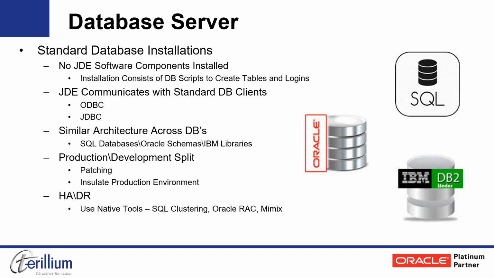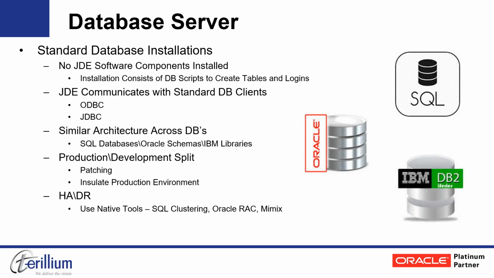Going back to that picture where I showed you all the boxes in that environment config, all of those boxes still have a similar architecture no matter which of these database platforms you're on. I showed you that control tables prod, which was a database within the SQL database. That same box is basically known as an Oracle schema in the Oracle database or a library in the IBM.